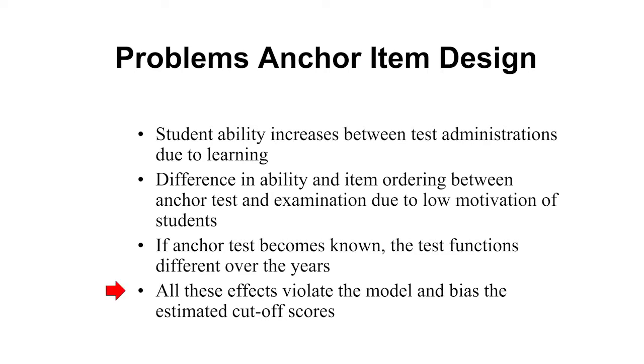And in the Netherlands, that leads to scrutiny of the inspectorate and what is happening, what's going on. So also for the teachers, it's a high-stakes situation. So the bottom line is that to keep an anchor test secret is maybe an illusion. And all these effects together violate the statistical model, because the statistical model says you have an ability, theta, and you can model the responses of the students using that model, and it does not work.